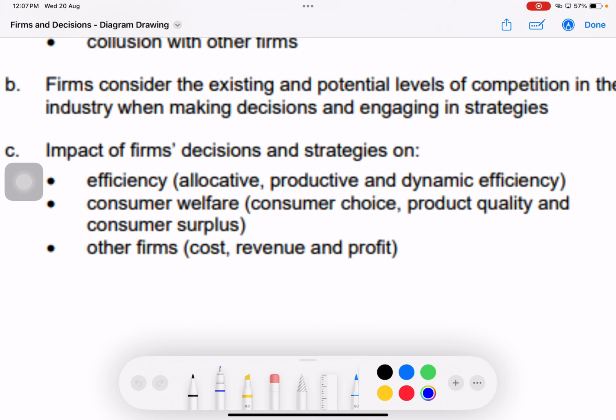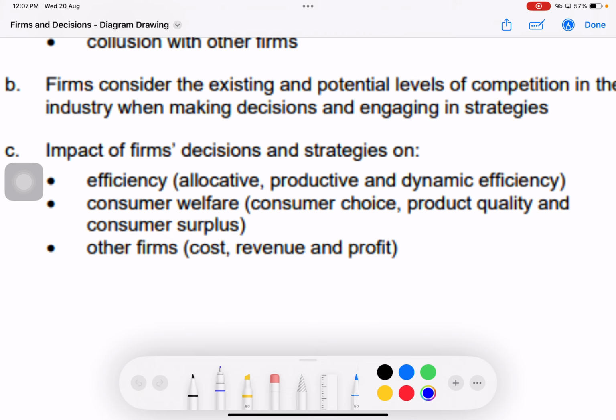Okay, I need to mention this to you because when you read a question, please be very mindful of the effect that the question is asking for. Okay, does it affect the economy or the society? Then this will be on efficiency.